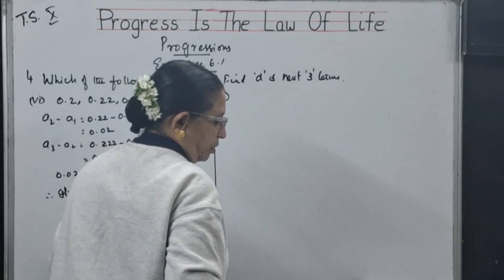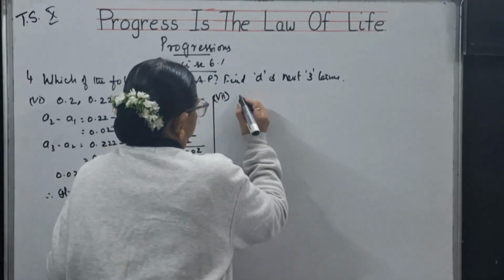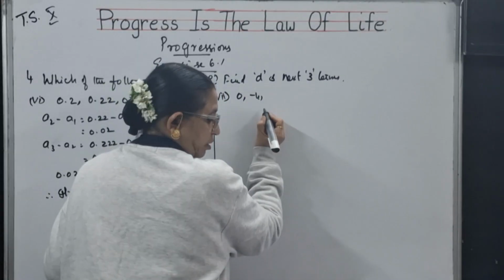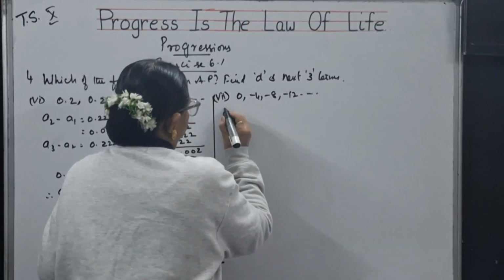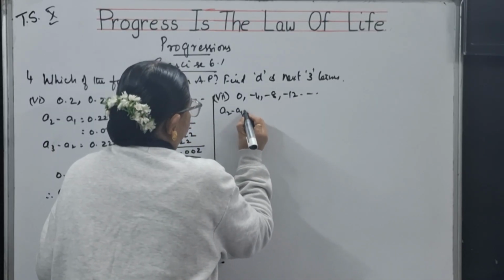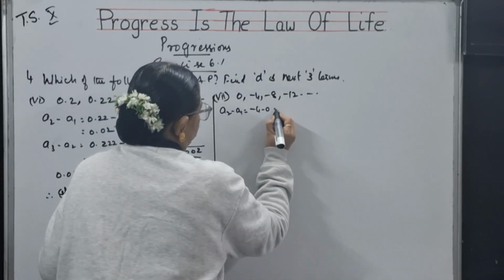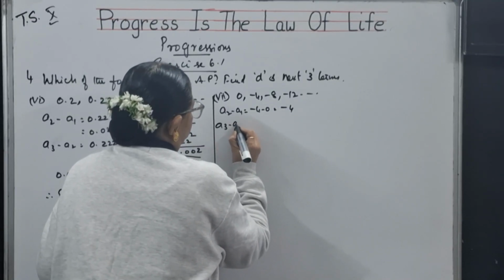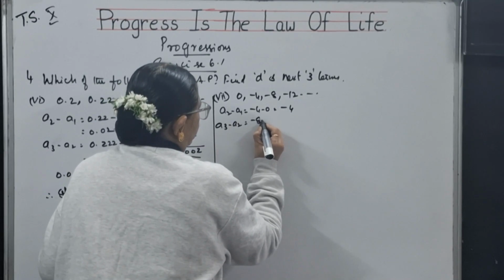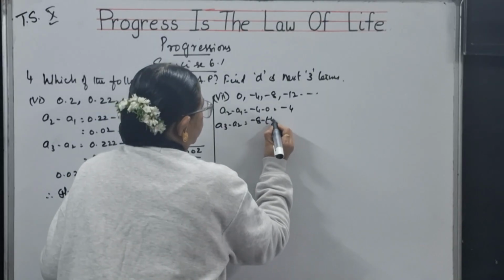Seventh bit is 0, minus 4, minus 8, minus 12, and so on. So A2 minus A1 is minus 4 minus 0, that is minus 4. And A3 minus A2. Minus 8 minus of minus 4.